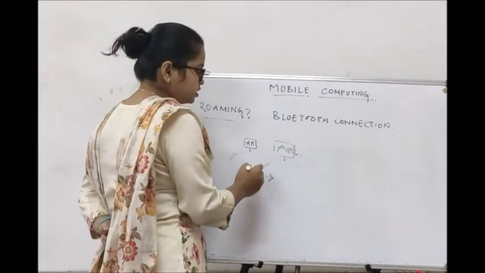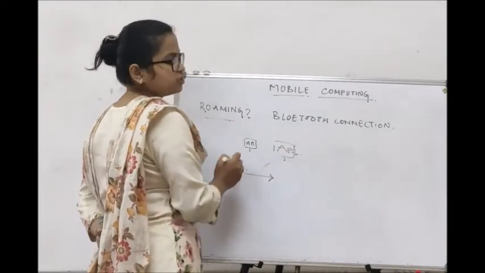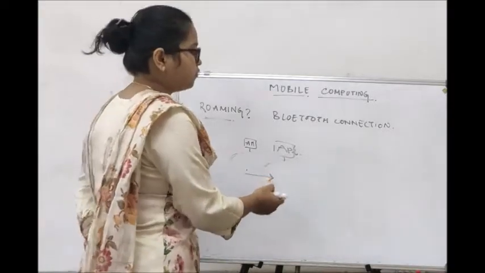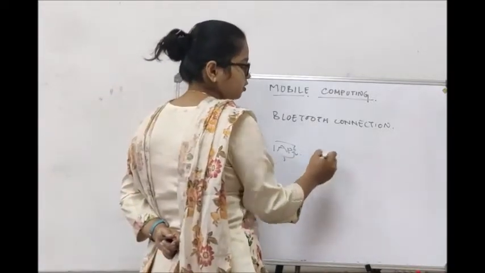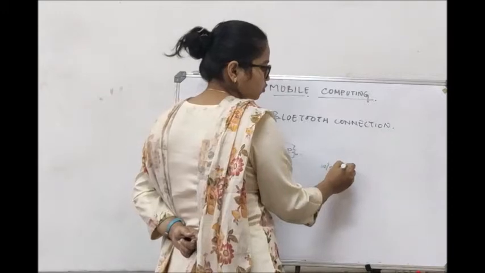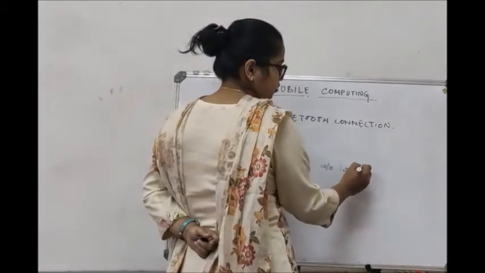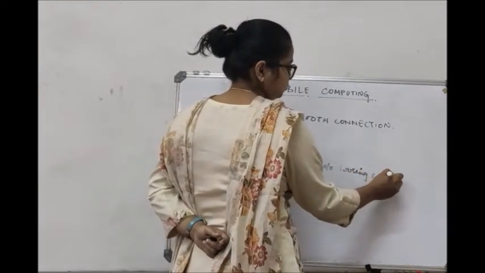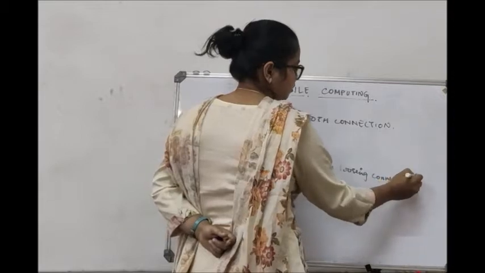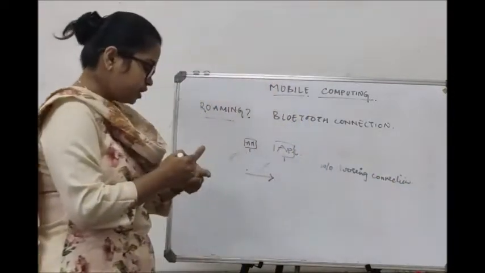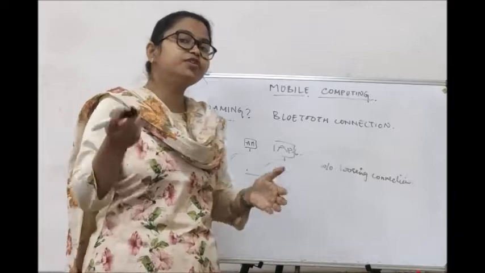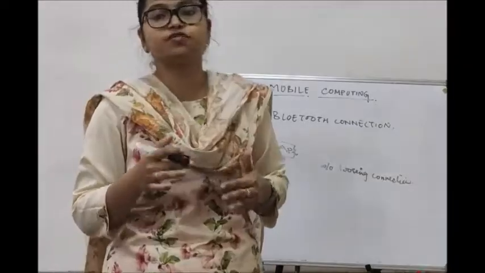Roaming means changing from this access point to that access point without losing connection. The key point is without losing connection. That means we can change access point, but the user will not feel any disruption of service.